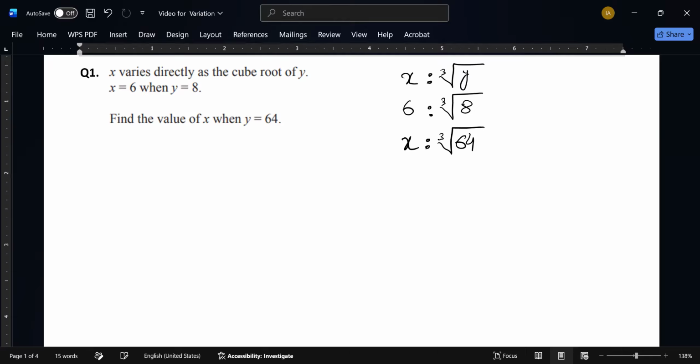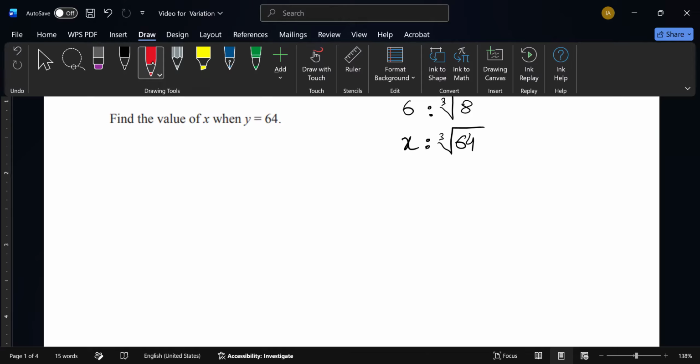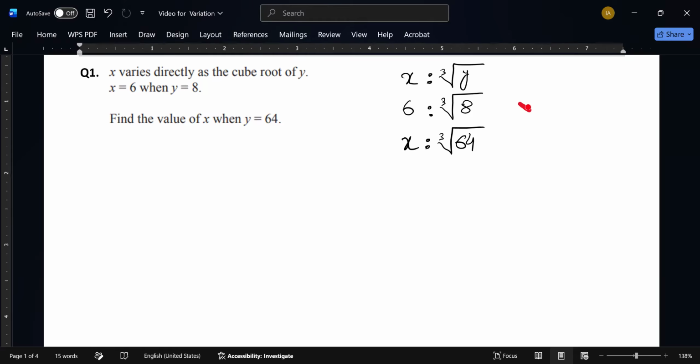Remember, it's direct proportion. In this case, we always multiply in the cross direction. We call it cross multiplication.